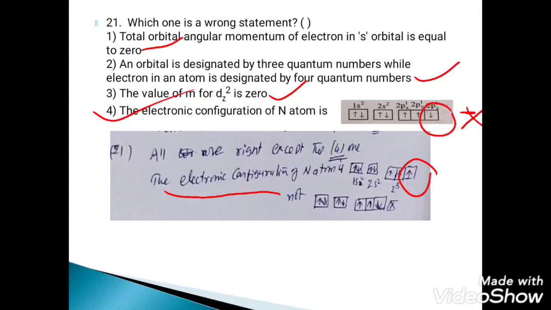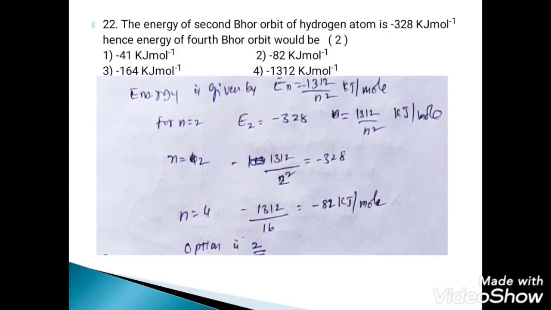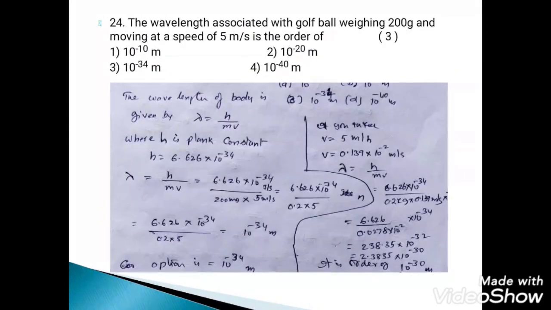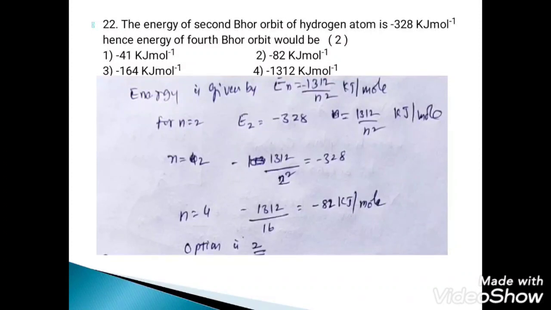Okay, next. The energy of the second Bohr orbit of the hydrogen atom is minus 328 kilojoule per mole. Hence the energy of the 4th orbit should be.